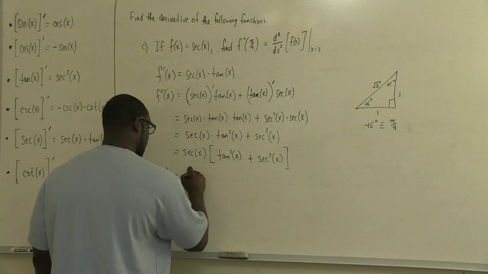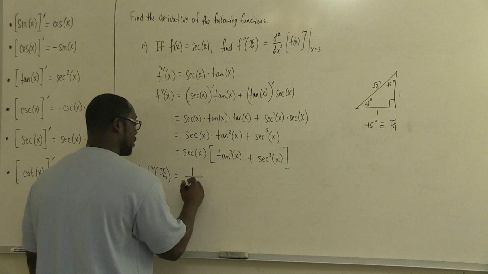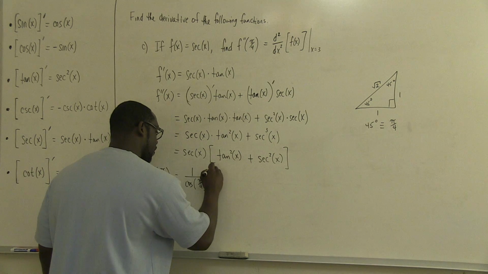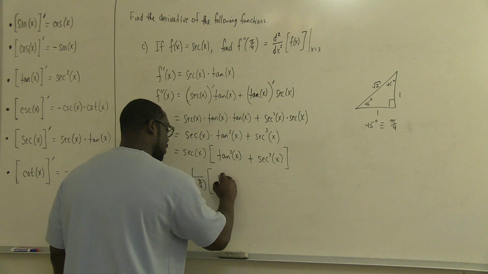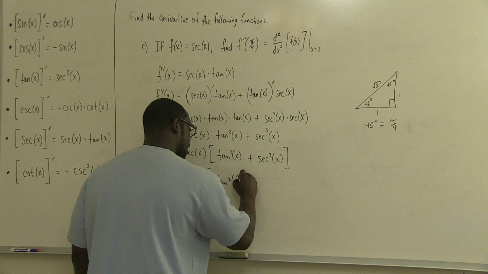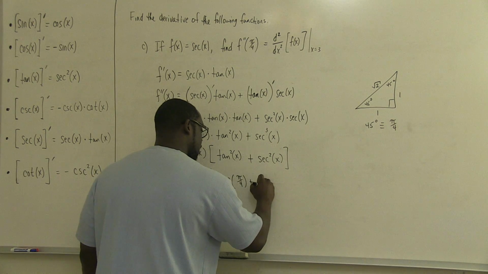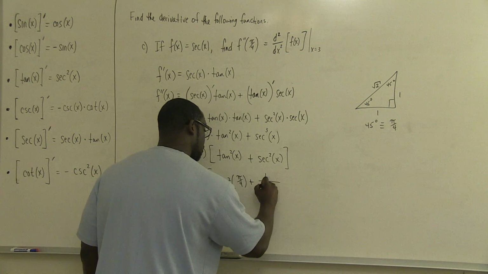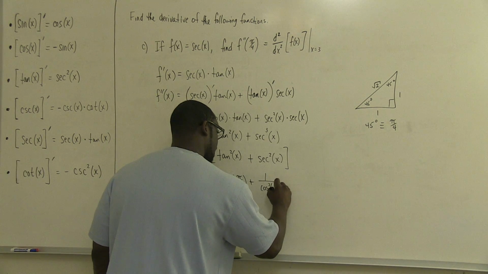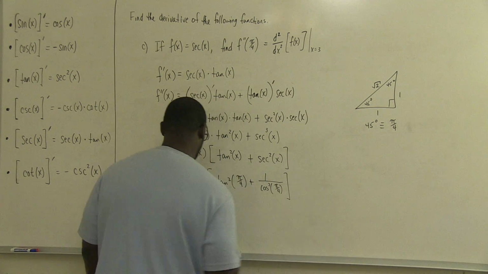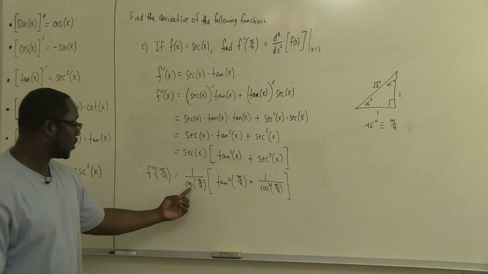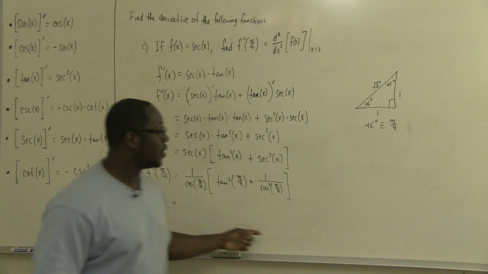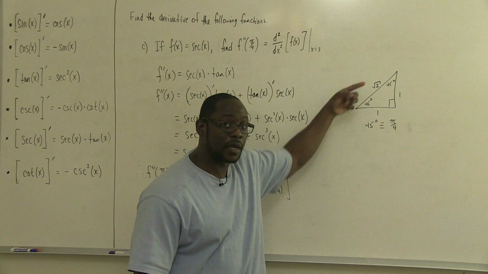So here I could rewrite secant as 1 over cosine. Go ahead and plug in pi over 4. Tan squared of pi over 4. And secant squared, which we know we'll put as 1 over cosine squared pi over 4. Okay? So here we know cosine of pi over 4, or cosine of 45 degrees, is going to be adjacent over hypotenuse.